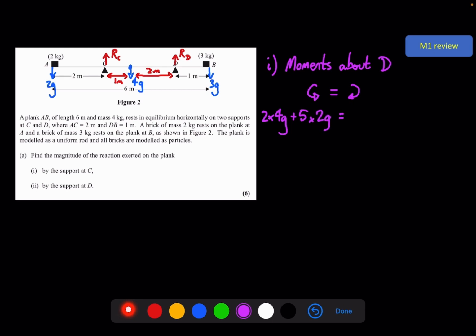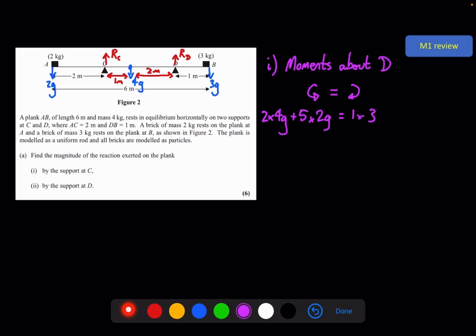And if it's held in equilibrium, that has to equal the clockwise moments, the things trying to push this clockwise about this pivot point. And that is RC, the reaction at C, and the weight on this side pulling down this way. They're trying to spin it this way around point D. So we've got 1 times 3G, and here we've got 3 times the unknown RC.